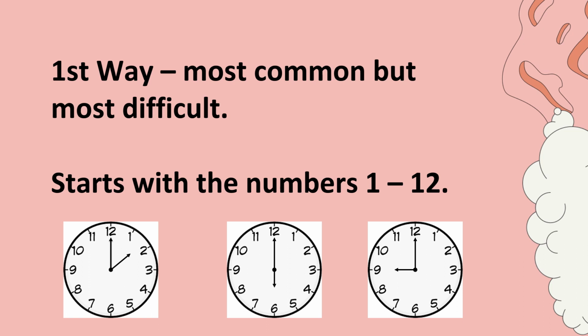We say o'clock, which is a short form of the Old or Ancient English meaning of the clock. The other two clocks show 6 o'clock and 9 o'clock, or in short form, it's 2, it's 6, it's 9. Military time is a 24-hour clock, which we will talk about later.